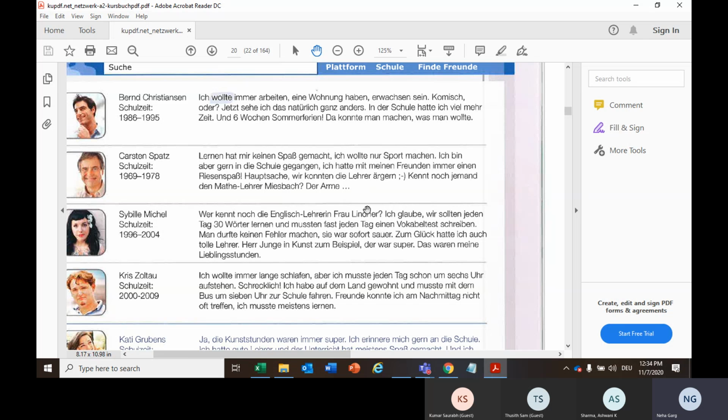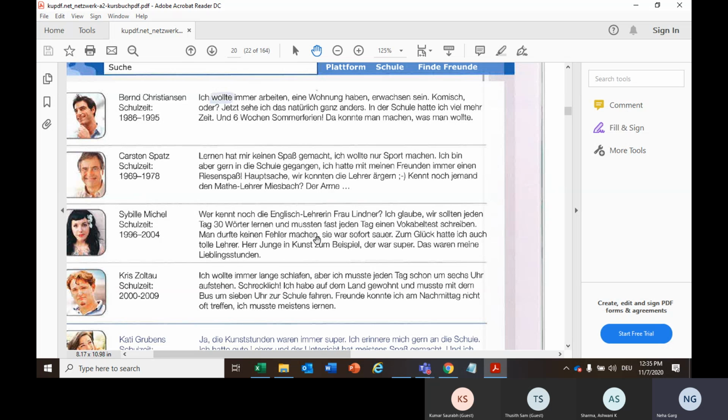Ich glaube, wir sollten jeden Tag 30 Wörter lernen. I think we should have to learn 30 words per day und mussten fast jeden Tag. Here fast is not in terms of speed, but as in almost. Fast jeden Tag means almost every day we had to write a vocabulary test. Man durfte keinen Fehler machen.